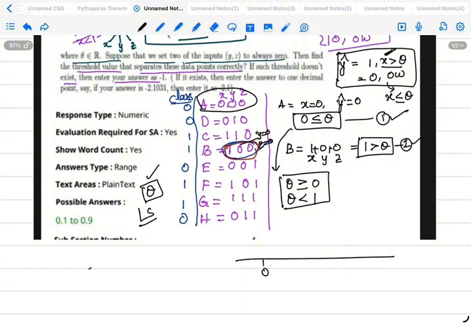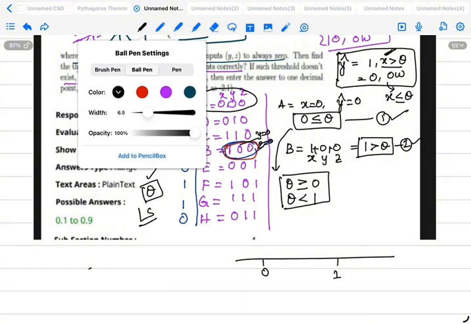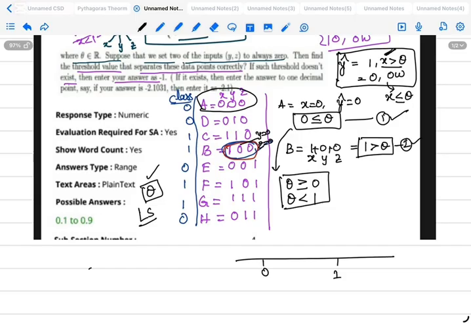So theta belongs to between 0 and 1, not including 1 but including 0.